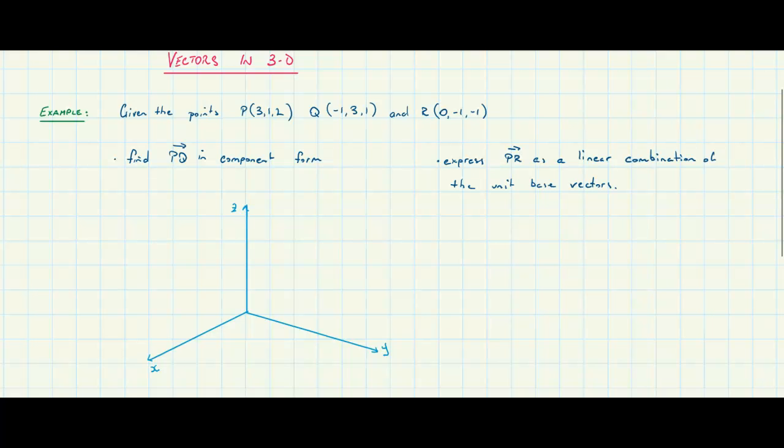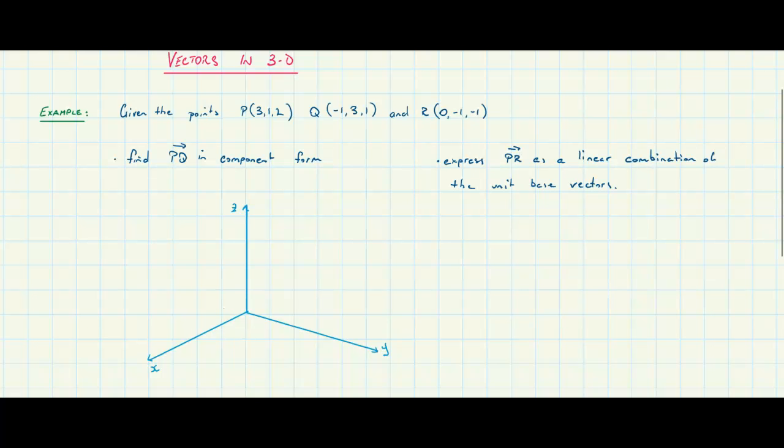It doesn't really matter if we move them all around. It just matters that they go in the x, y, z clockwise order, like x to y to z. So for 3, 1, 2, that's 3 in the x and 1 in the y, and these show us the positive axes. You can see we've got the origin here, 0, 0, 0.